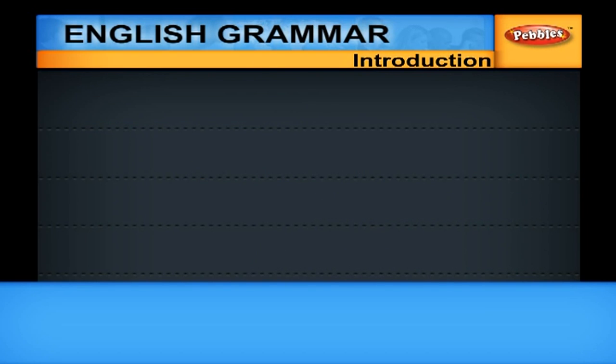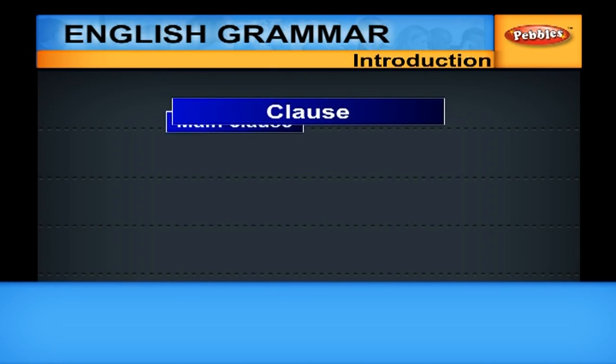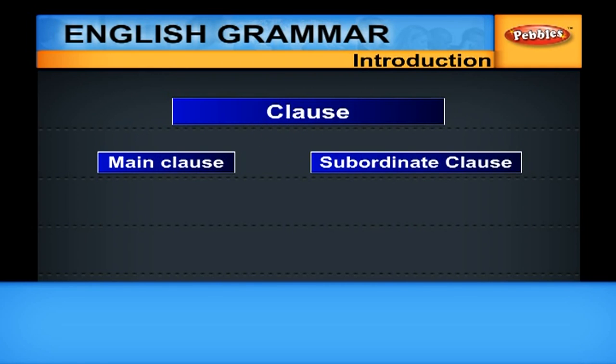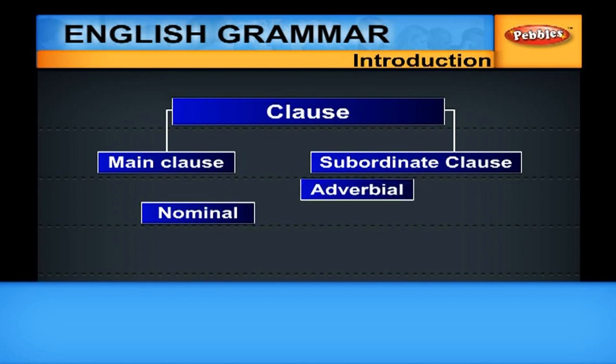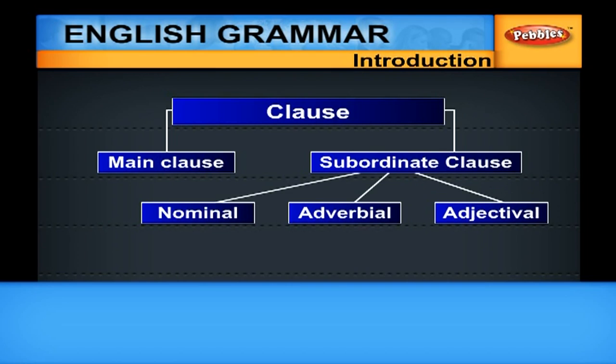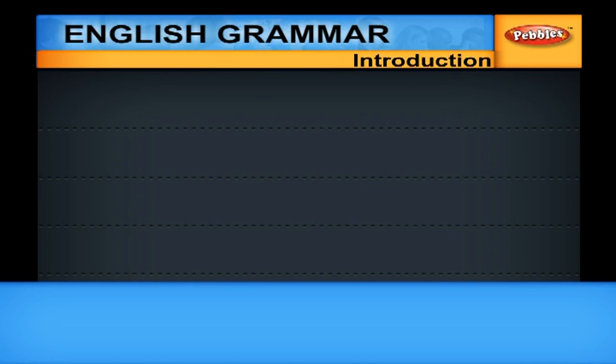A sentence is made up of clauses. A clause can be a main clause or a subordinate clause. A subordinate clause can be nominal, adverbial, or adjectival. The clause is made up of phrases.